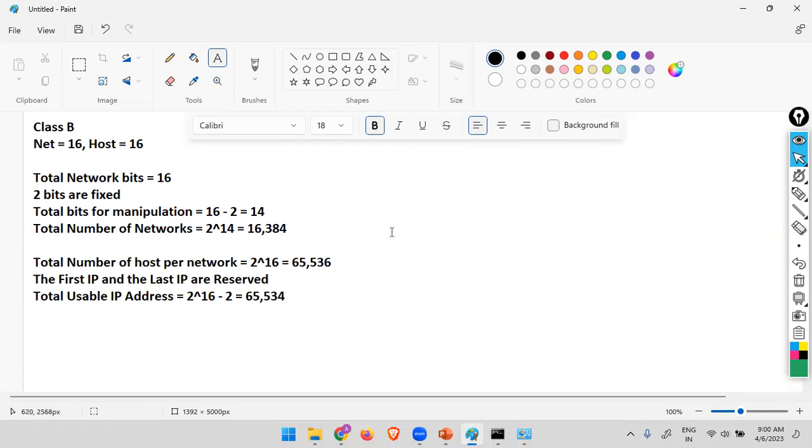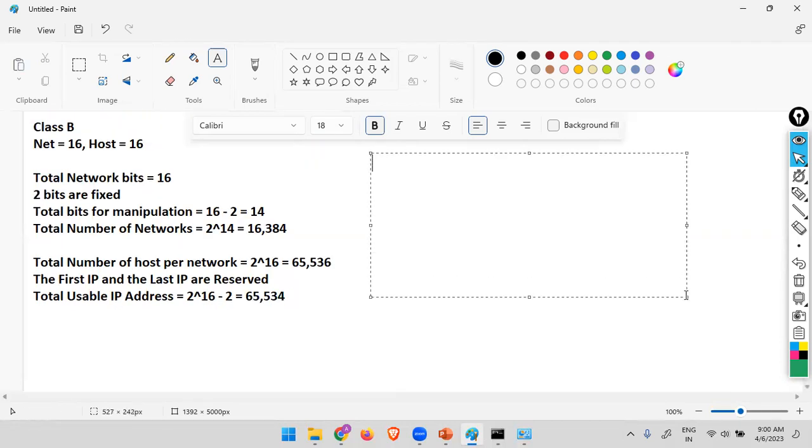So if I try to write a range here, okay, let's say 172.16.0.0. This is the first IP. Then 172.16.0.1. Okay. Then this will end at 172.255.255.255.